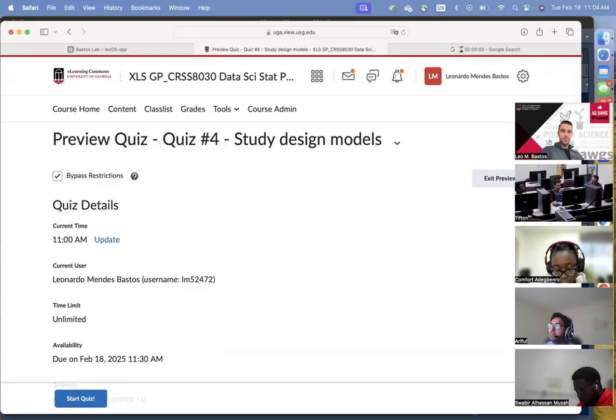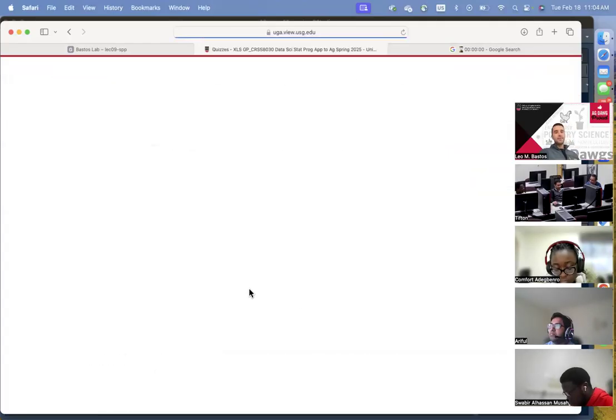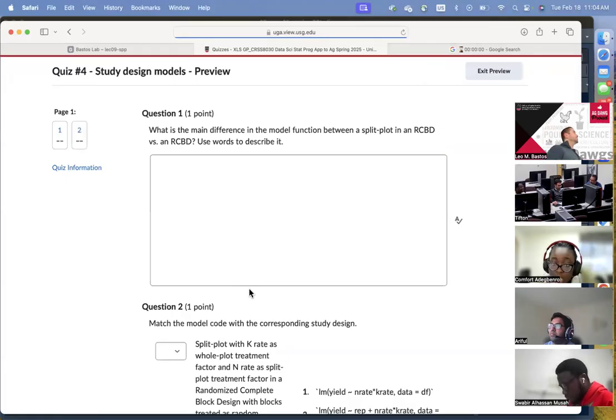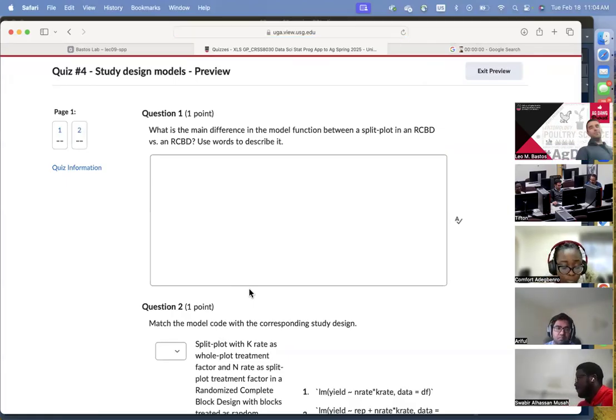So if somebody wants to share with me some thoughts on what you answered on that first question: what is the main difference in the model function between a split plot in an RCBD versus an RCBD?